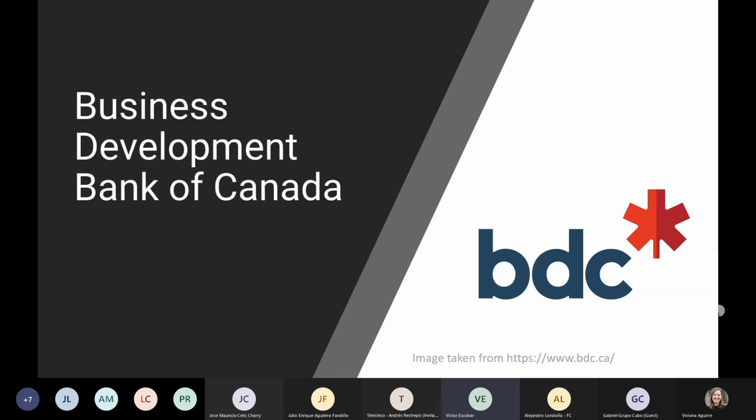And you can get templates for your financial plan. You can get tools that will help you to evaluate your cash flow cycle. How many days does it take for you to get cash into your companies?